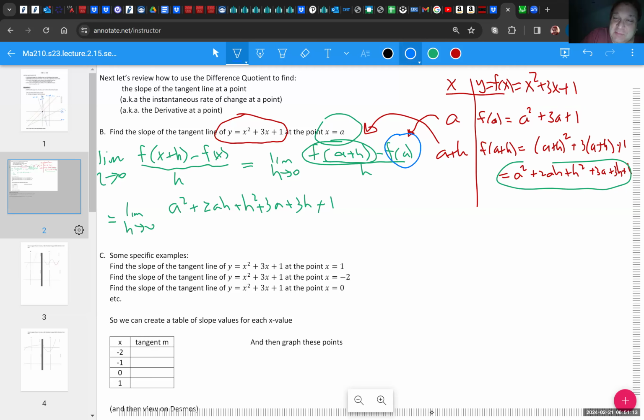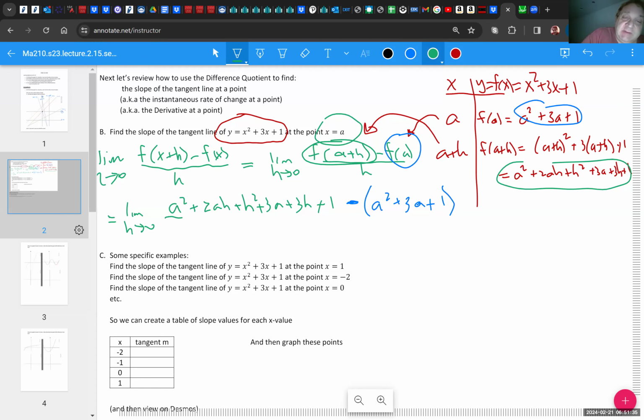I still need to do minus f of a. f of a is this guy over here, so minus (a squared plus 3a plus 1). It's the entire thing that's being subtracted, so I highly recommend using parentheses so you don't make sign errors.